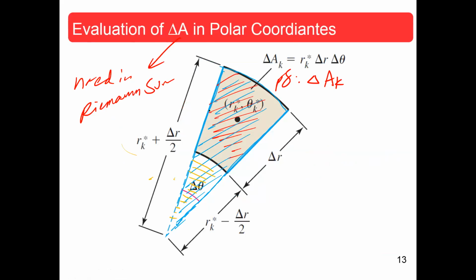Can you guys see that from the graph? So the area of the red could be the area of the blue subtract the area of the orange, right?